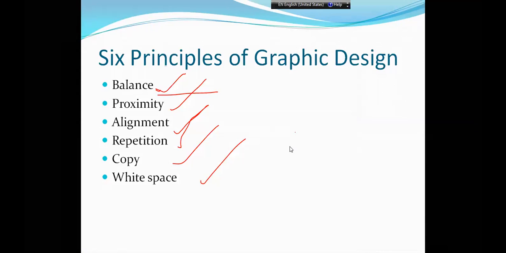So it should create harmony, order and cohesion in design. The equal distribution of visual weight creates an effect in the design. So no balance disturbs the design, so there should be balance.